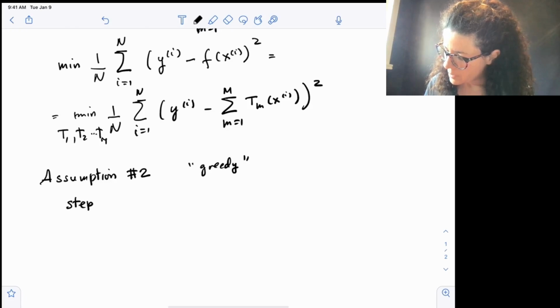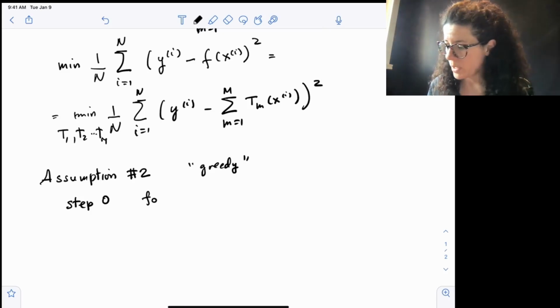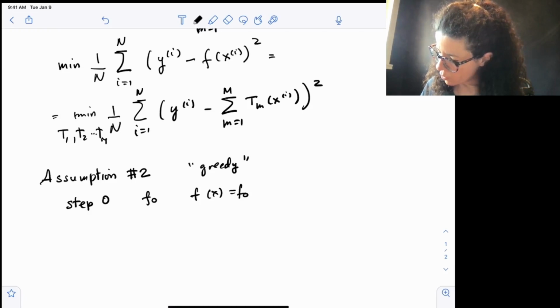In step 0, we're going to find the function f_0, which is going to be constant. So our f of x in step 0 is f_0. What do we have here?